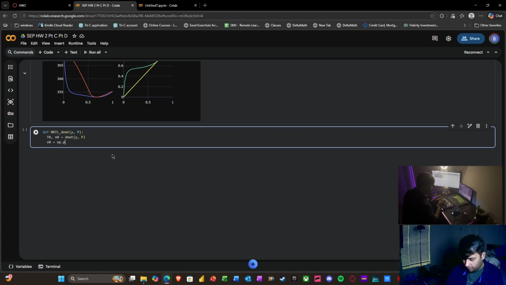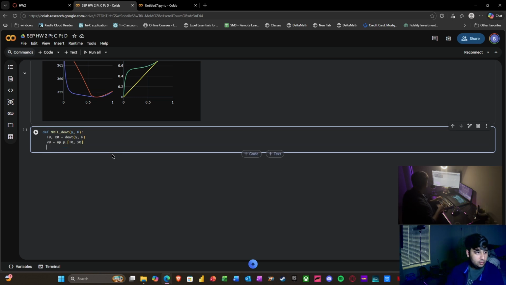This will be np.r_ of T initial and X initial.